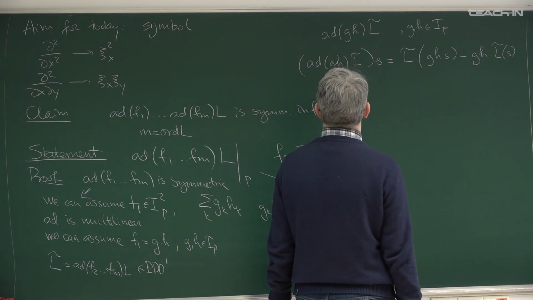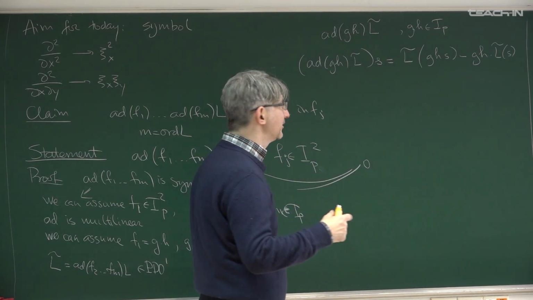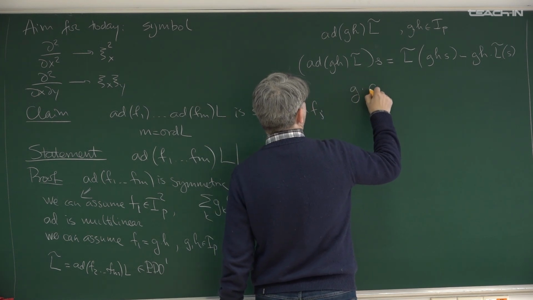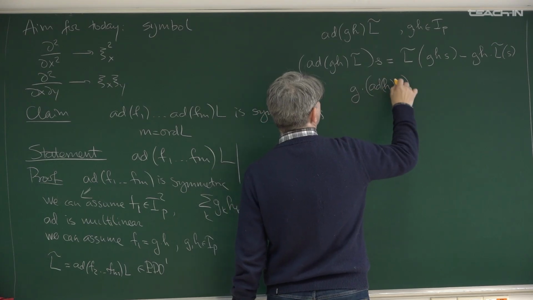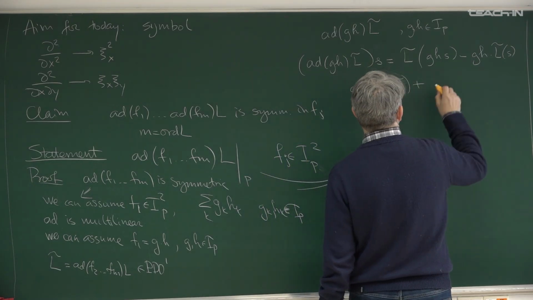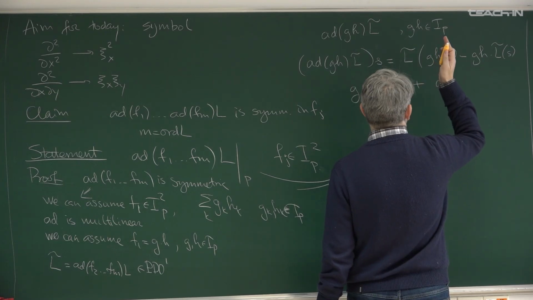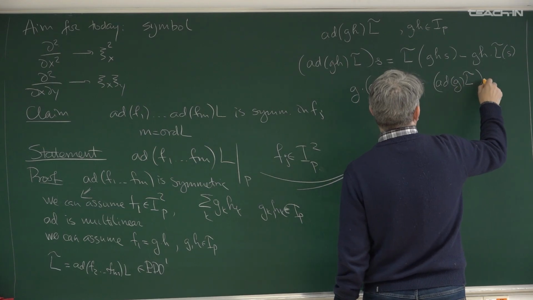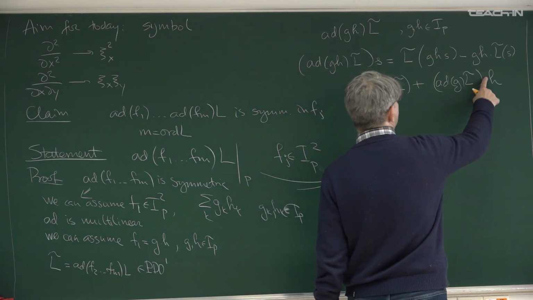I hope you can help. I will write something. Maybe it will contain a mistake, but you will tell me if it does or not. G times ad H applied to L tilde, plus or minus, we will see, ad G applied to L tilde and then H. Something like this.